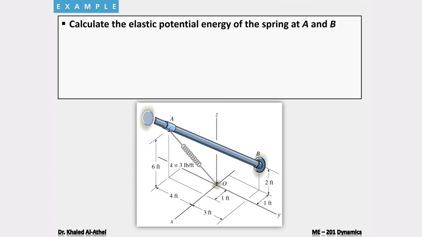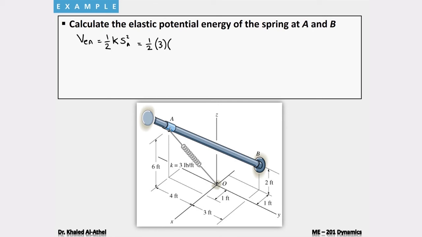So now to calculate the elastic energy, I'm going to start with A. So V elastic at A, remember it is always a positive value, half K SA square. And everything is given now. So I have half. The elastic constant is given as 3.